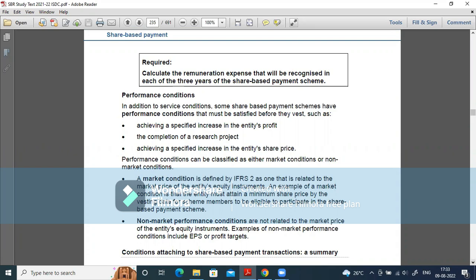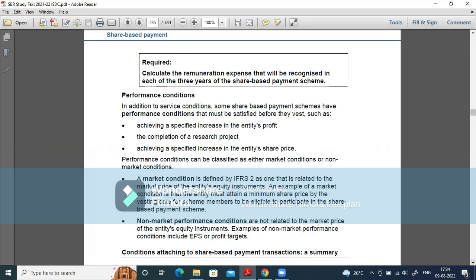If it is related with employees, then we need to consider the fair value of the equity instrument on grant date. And if it is other than employees, then first we should see whether we can measure the fair value of the goods or services reliably. And if it is not possible to get the fair value of the goods and services reliably, then we'll be going with the fair value of the equity instrument on the grant date.